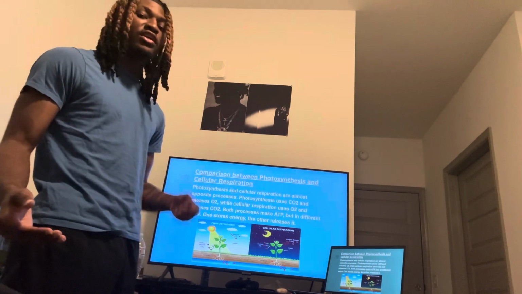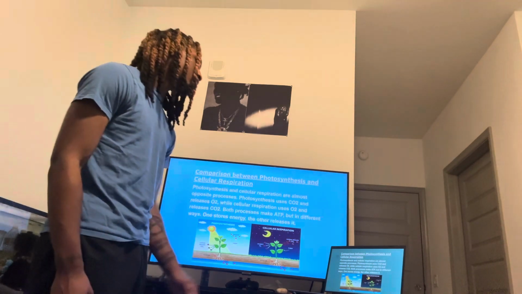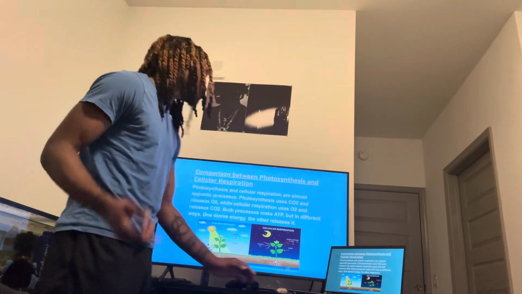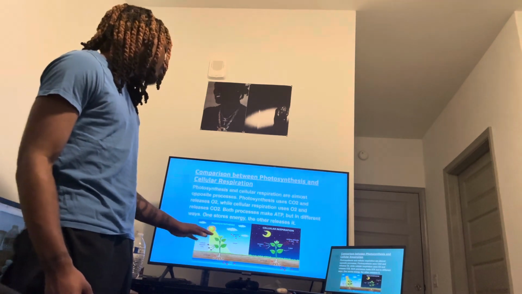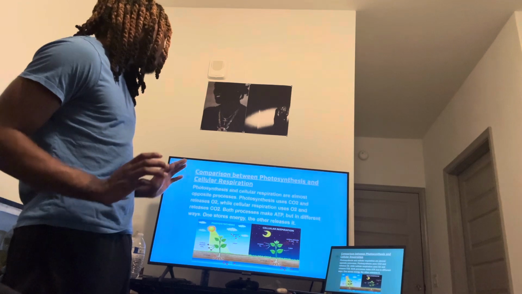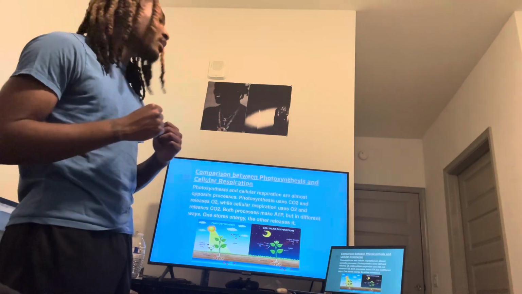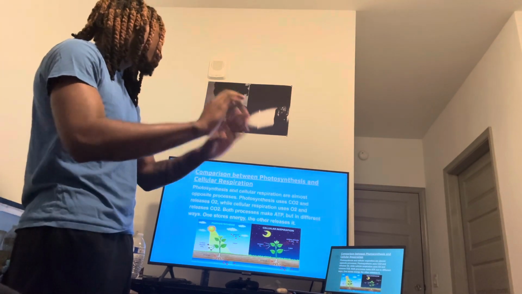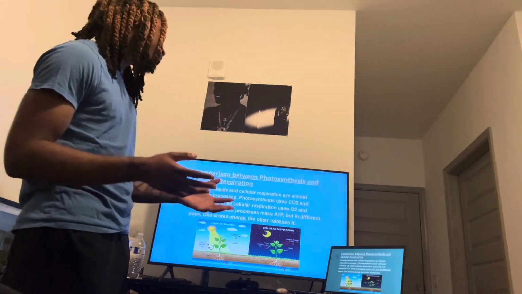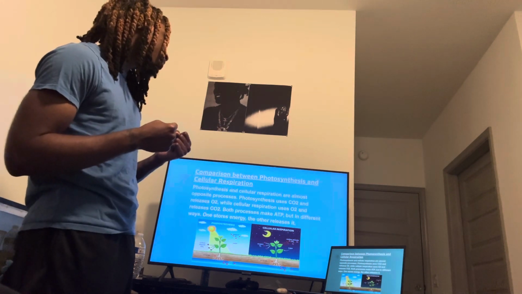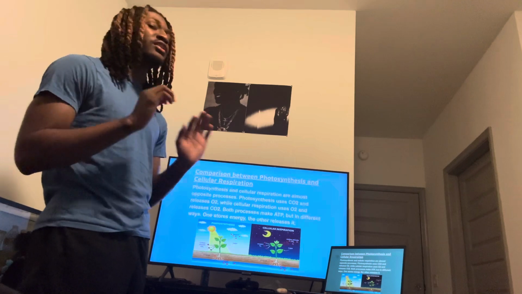One stores energy and the other releases the energy. So it causes a cycle, just how I showed in the diagram right here. Photosynthesis takes in the sunlight and the carbon dioxide, and then pushes out the sugars and the oxygen, and then cellular respiration brings in that oxygen and that sugar, but releases the carbon dioxide.